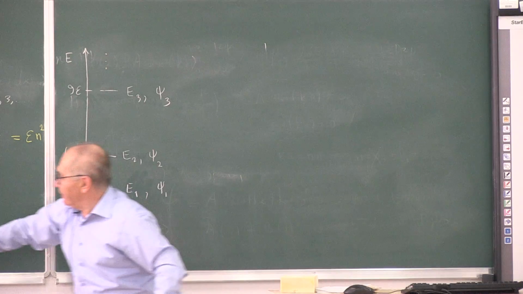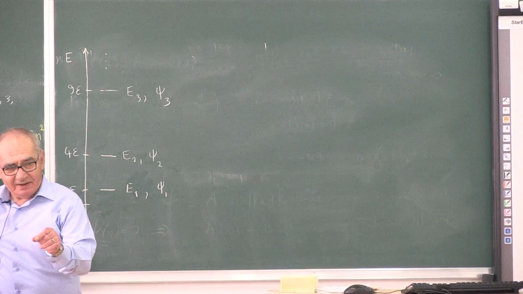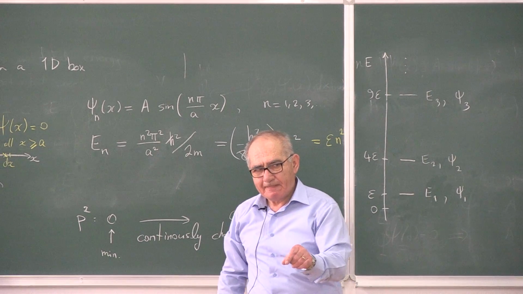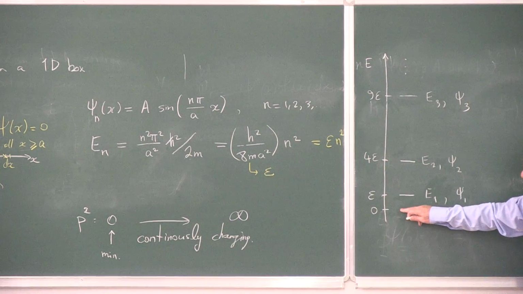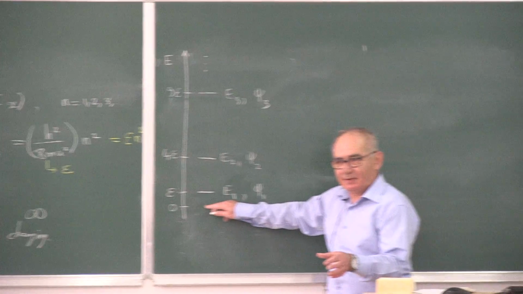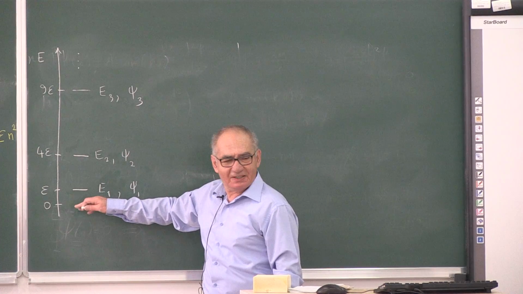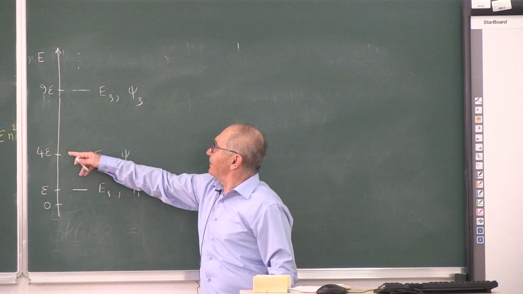No. Compare it with this, classical. Classically, it is possible to have 0 kinetic energy, but according to these results, we did not find 0 as a possible energy. In other words, 0 is forbidden. It is not allowed. The allowed energies are only these numbers: epsilon, 4 epsilon, 9 epsilon.